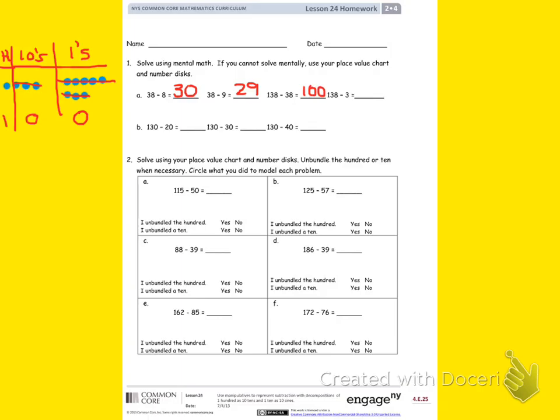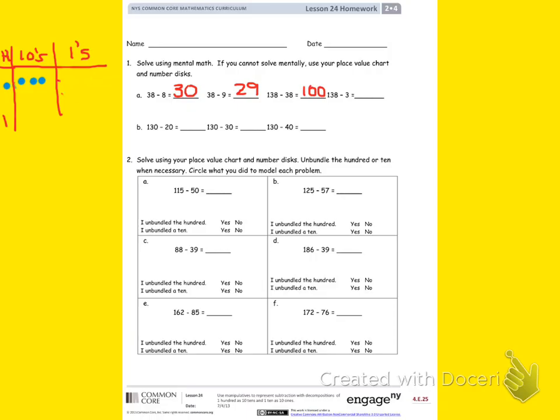Finally, if I look at 138 and take only 3 away, I could alter the drawing again. I'll put those 3 back. And I'll erase this crossed out amount.